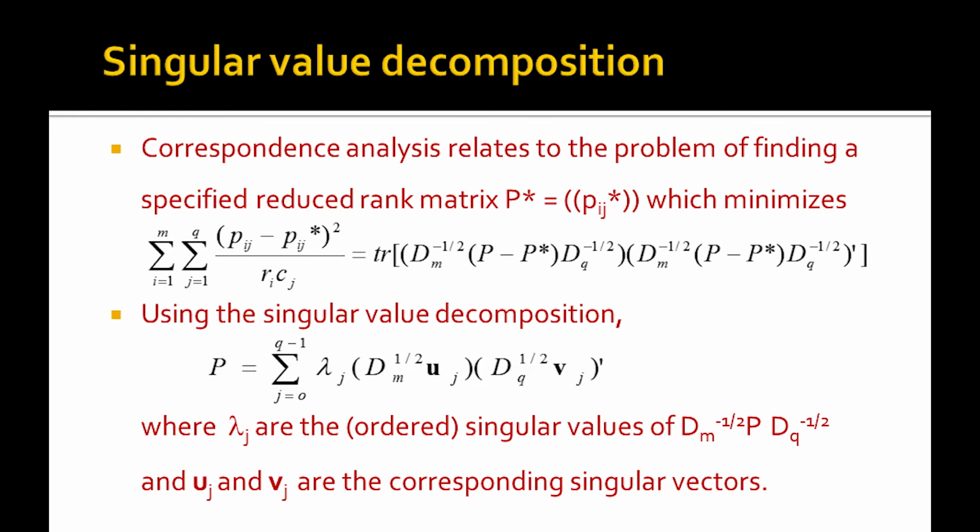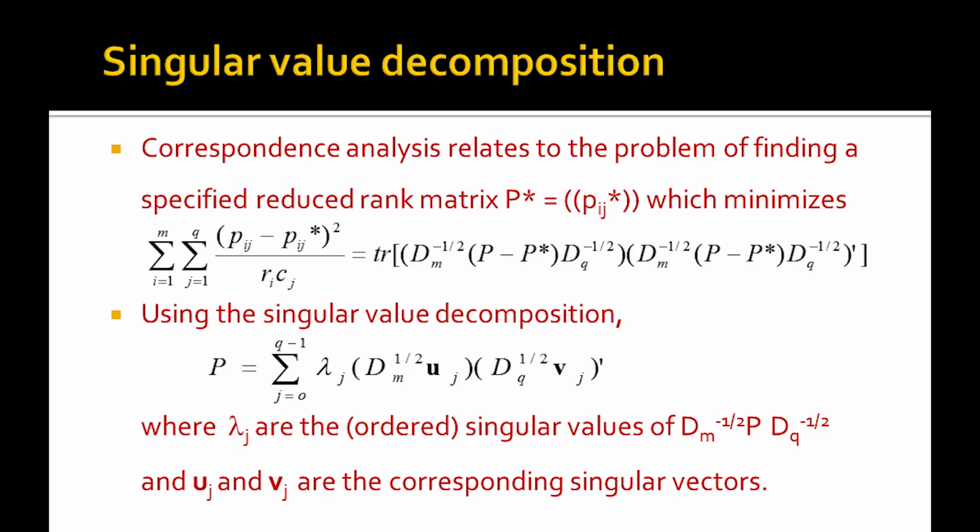Now correspondence analysis relates to the problem of finding a specified reduced rank matrix P star, the elements of which are small pij star, which minimizes the sum over both i and j of Pij minus Pij star, squared, divided by the marginals Ri into Cj. So what does this give us? This gives us an approximation.